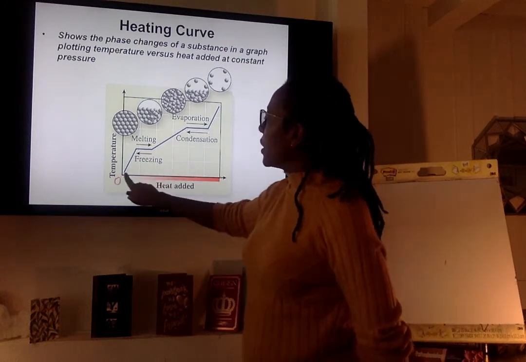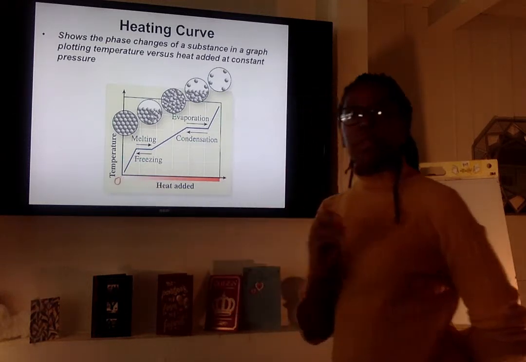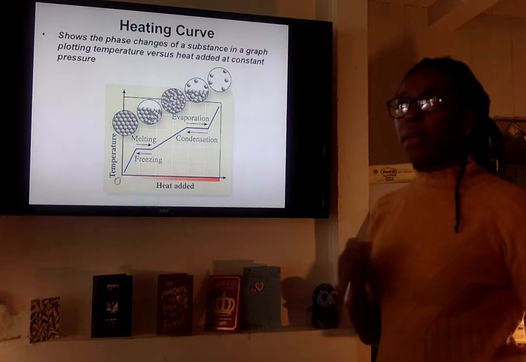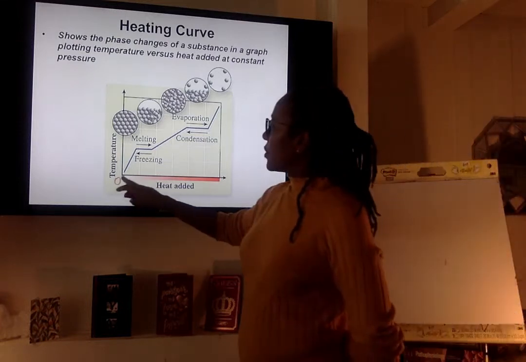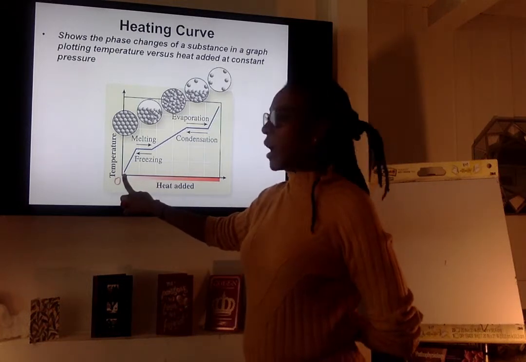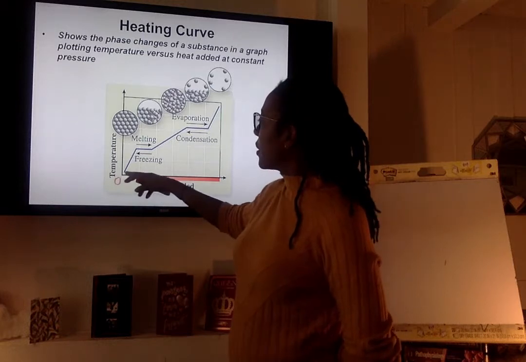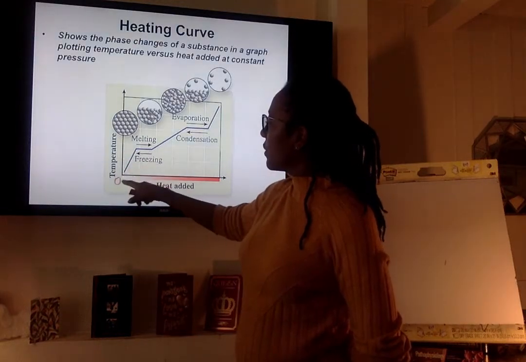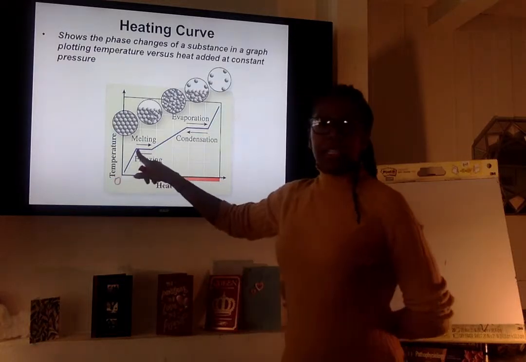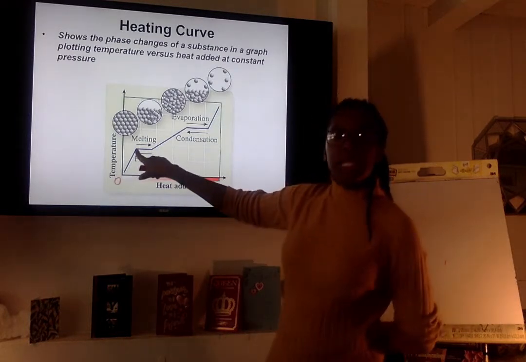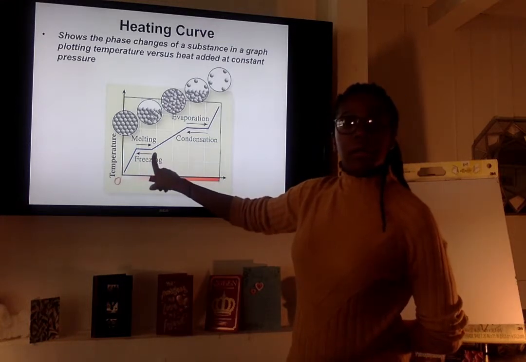So when you are at 0 degrees, let's think about this in a physical sense in terms of a piece of ice. So this is where your ice is. This is your ice cube, right? So now you're adding heat to your ice cube, so now the temperature is increasing. You're adding more heat. Now that ice cube is going from the state of being an ice cube into liquid water, okay?